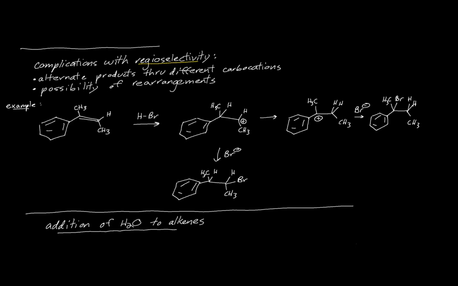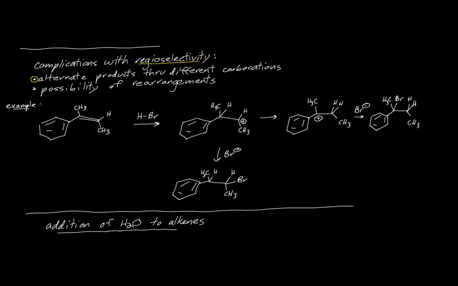There are problems with attaining the right amount of regioselectivity, in other words, getting things to go where you want them to. And we saw already that you can have alternate products forming when you have different carbocations forming. And of course, you're relying on the favored carbocation to form, but that's not always the only product that results.